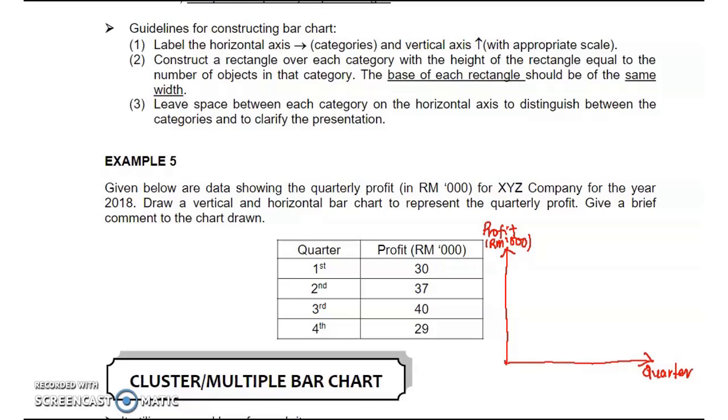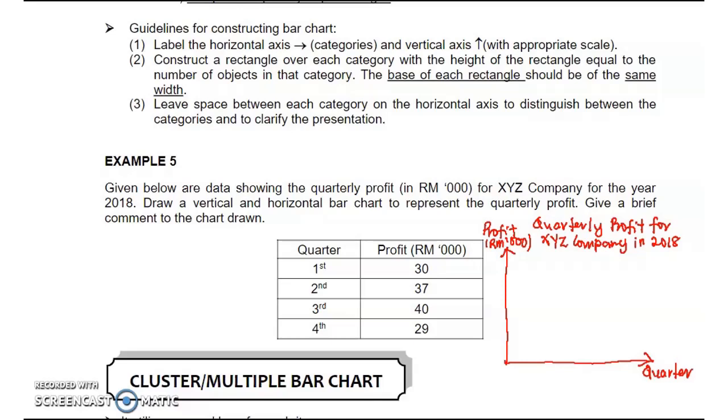Put any suitable title, for example, here: quarterly profit for XYZ company in 2018.